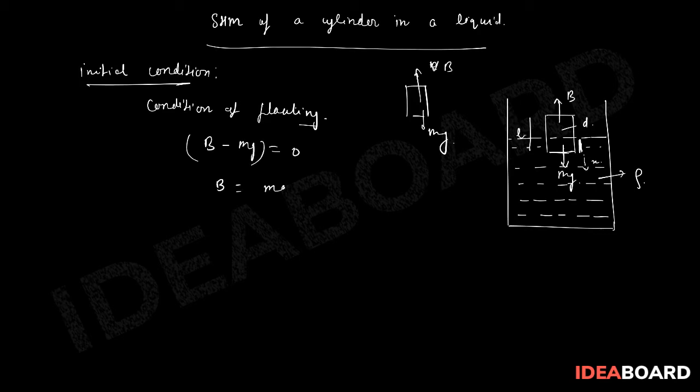That means B is equal to mg, and we know that B is given by V emerged times rho liquid times g. This is according to Archimedes principle.